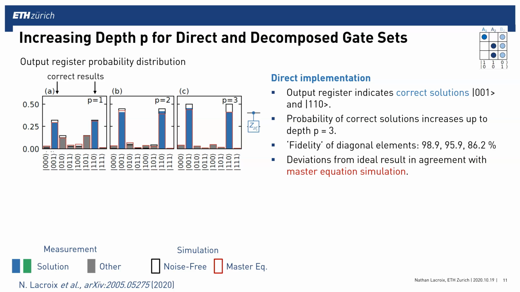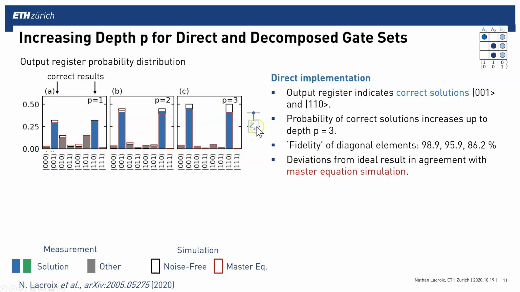So what we do is that we look at the output register probability distribution for pre-optimized variational parameters. And we show here the distributions for 1, 2, and 3 layers. The filled bars correspond to the measurements, and the highlighted colors correspond to the solution states of the problem instance.